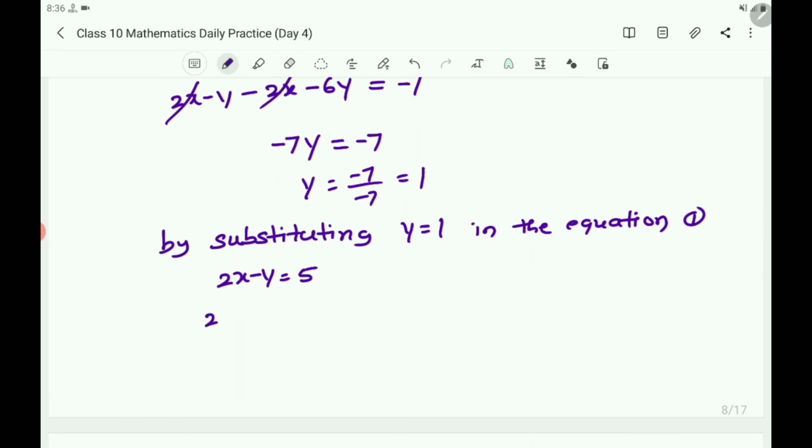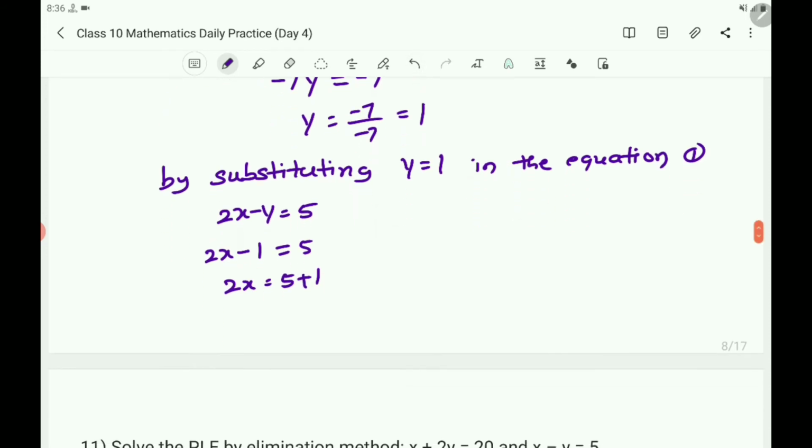That is 2x minus y, value taken 1, equals 5. Then 2x equals, you transfer this minus 1 to the RHS, that becomes 5 plus 1. So I got 2x equals 6.